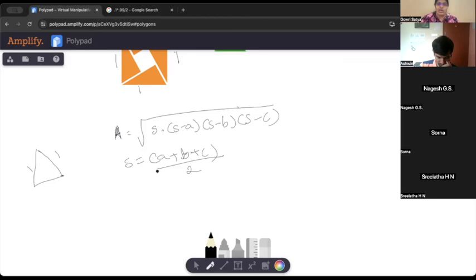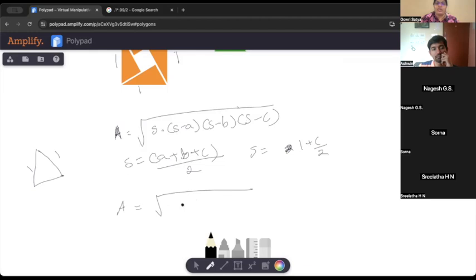So we know A and B are 1. So S will be 1 plus C by 2. So area will be the square root of... It will be 2 plus C by 2 because A and B both are 1. Okay, sorry, I removed that from the fraction.